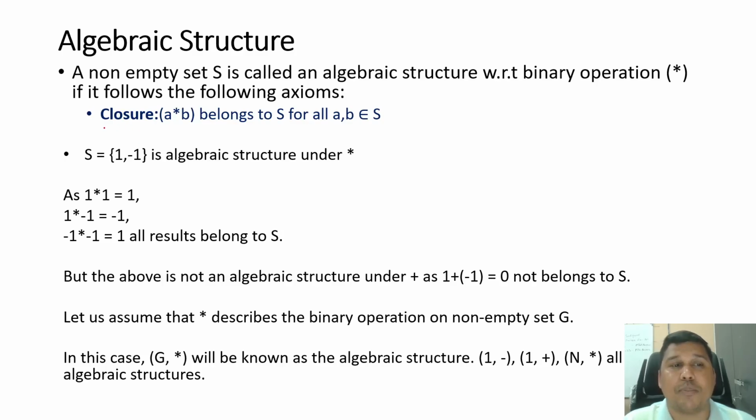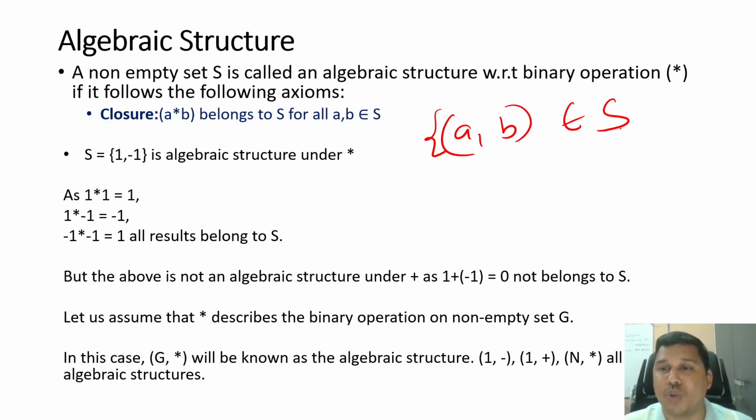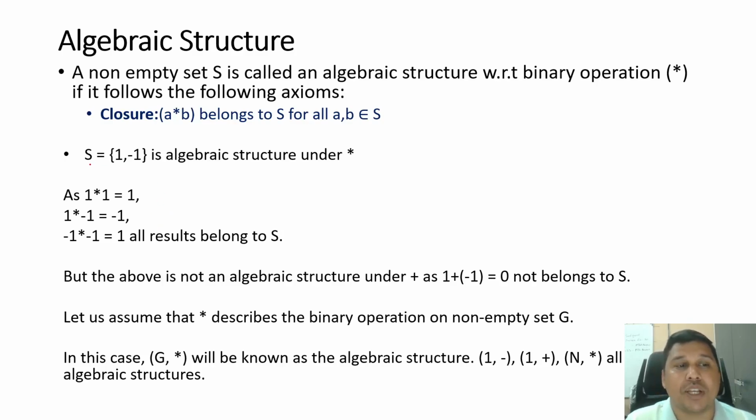One property is the closure property. It means if there are two elements A, B which belong to set S, then A star B should also belong to S. This star is not multiplication, it means any operation. Let's see an example. The set S = {1, -1} is an algebraic structure under multiplication.